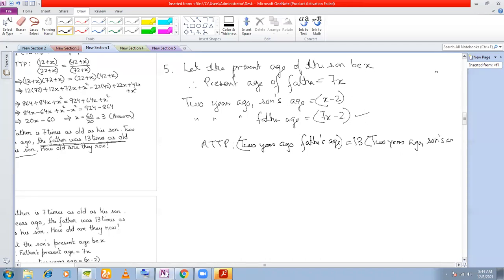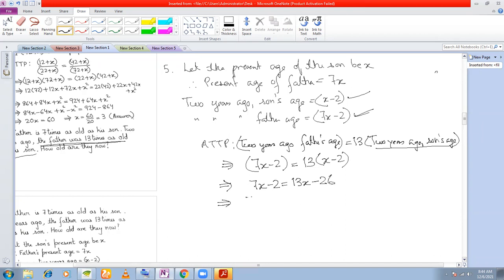Right? 2 years ago, what was father's age? 7x minus 2 is equal to 13 into, and 2 years ago, how much was son's age? x minus 2. Is this okay? Yes, sir. Now you solve this equation. So you have 7x minus 2 is equal to 13x minus 13 into 2, which is 26.